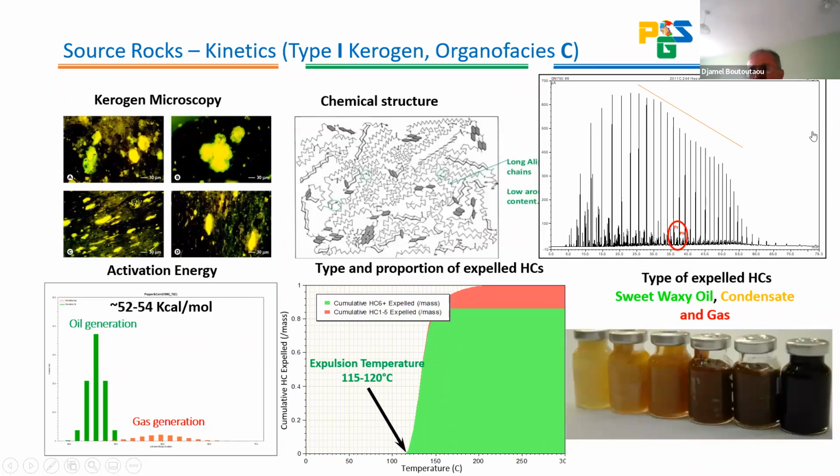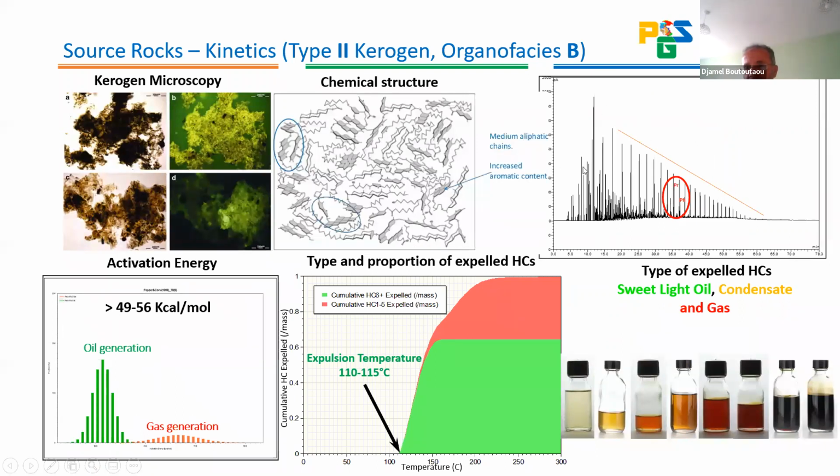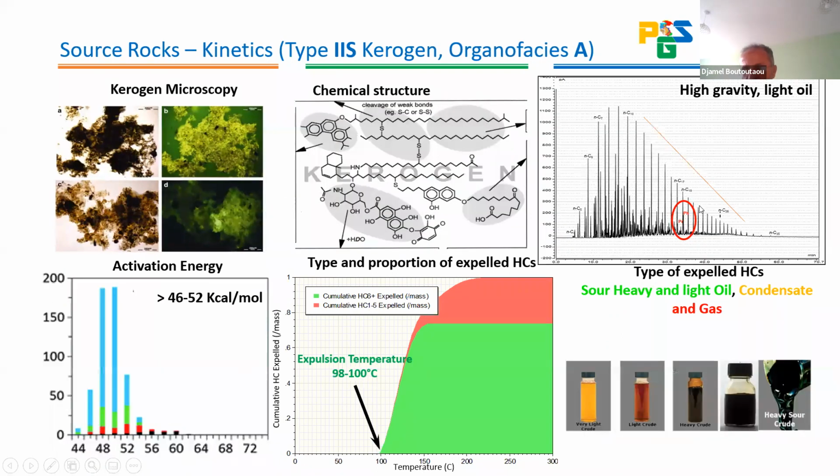So on the right side, as a geochemist, when I have type 1, I know what I'm expecting. When I do gas chromatography, I expect a waxy gas chromatogram. What I mean by waxy is that you can see this one is dominated by light hydrocarbons compared to heavy, like this one, for example.